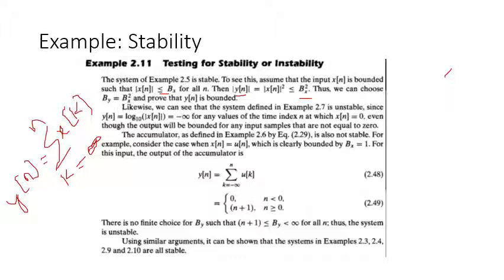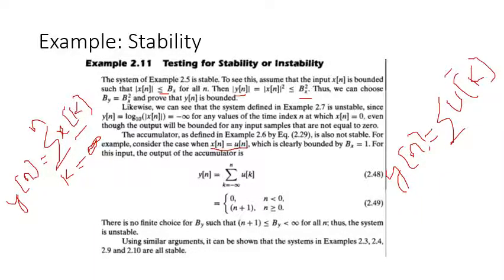So what we are doing, we are considering the input is equal to u of n. It means that we are taking the form of accumulator system. Y of n is equal to summation, replacing input with u, that is unit step, and k is just a dummy variable. K starts from minus infinity to n. So here it is.